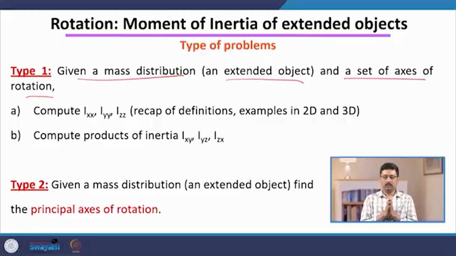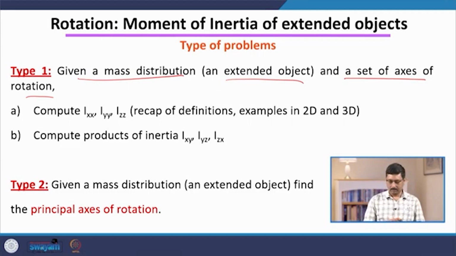The body is rotating about this axis of rotation. In our first type of problem, we are going to assume the axis of rotation is also specified. Given those two pieces of information, we want to compute the moment of inertia.